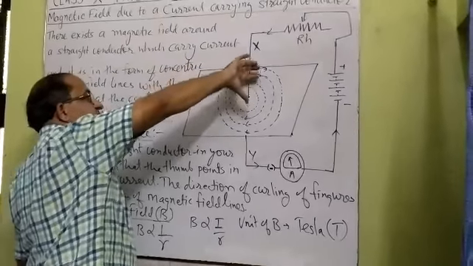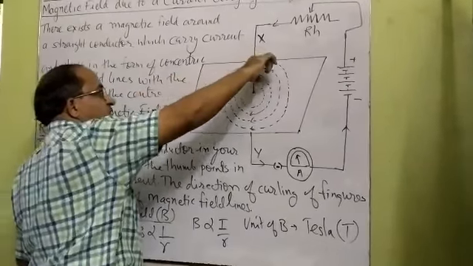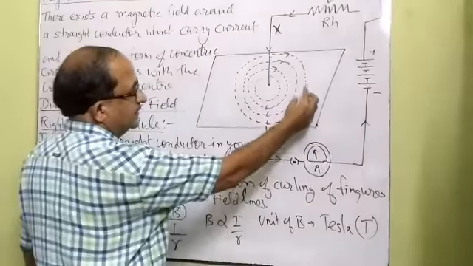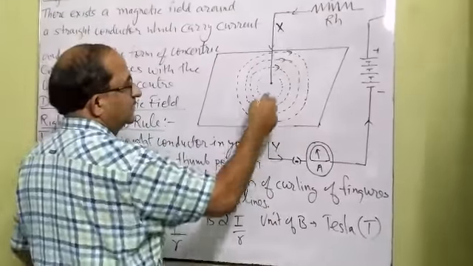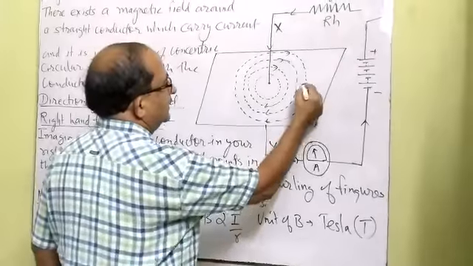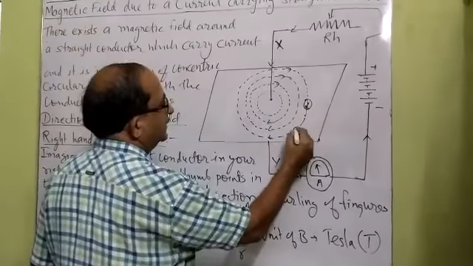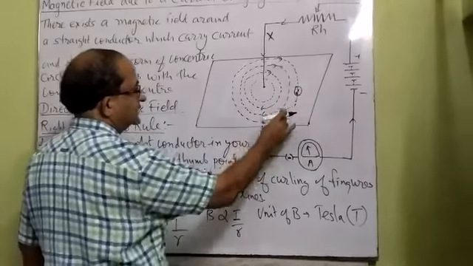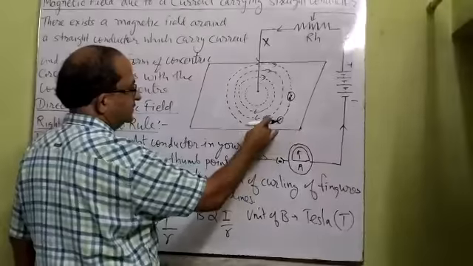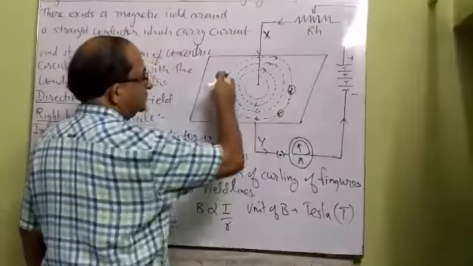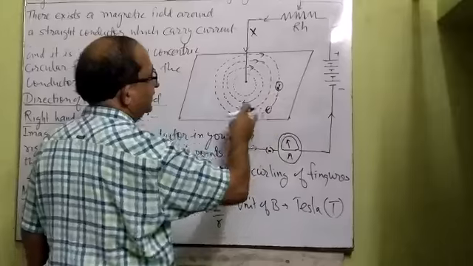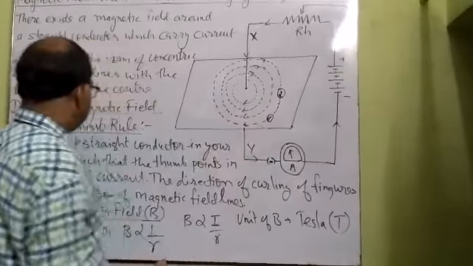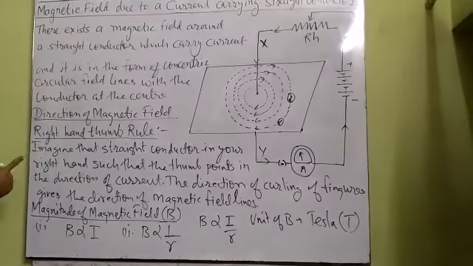Now the curling of the fingers will show the direction of the magnetic field lines. Here, if we trace the magnetic field line around this conductor with a compass, the compass needle will point in the anti-clockwise direction. As we take the compass needle away from the conductor, it will direct us to go in circles in the clockwise direction. So these are all the directions of the magnetic field around a straight conductor.